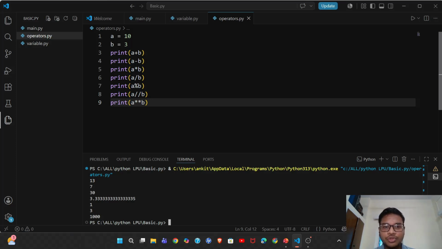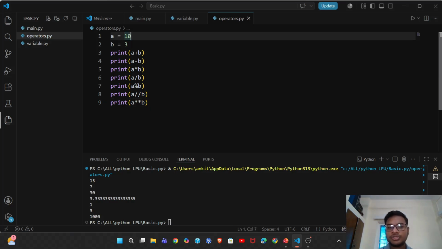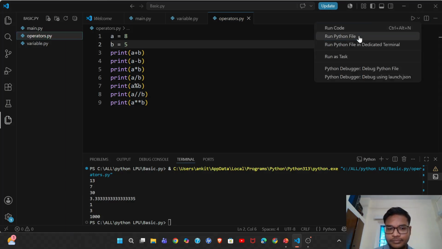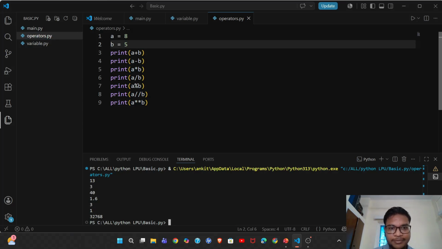If you have some problem, just change the values, like 8 and 5. 8 plus 5 is 13, 8 minus 5 is 3, 8 into 5 is 40, 8 divided by 5 is 1.6, 8 modulus 5 is 3, and 8 floor division 5 finds the quotient, which gives us 1. And 8 to the power 5 is 32768. So this is all about the arithmetic operators.